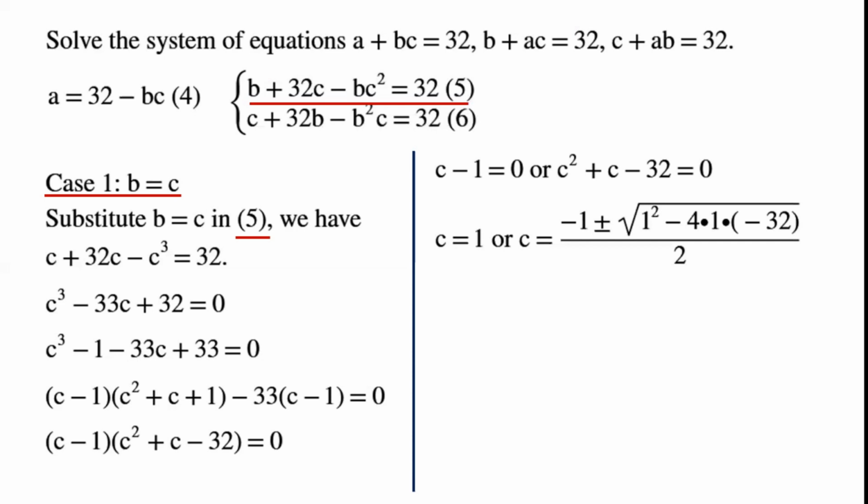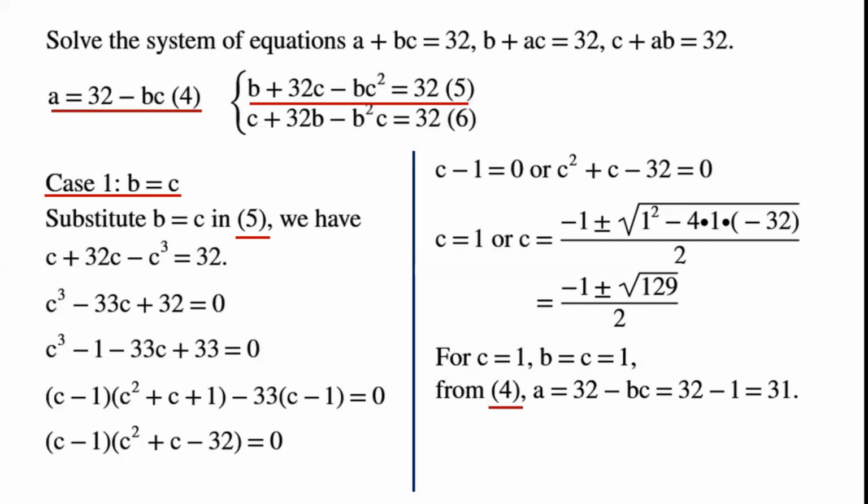So either C equals 1 or C equals (minus 1 plus or minus root of (1 squared minus 4 times 1 times minus 32)) over 2, which can be simplified to (minus 1 plus or minus root of 129) over 2.